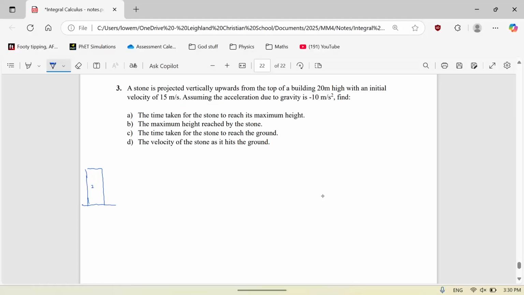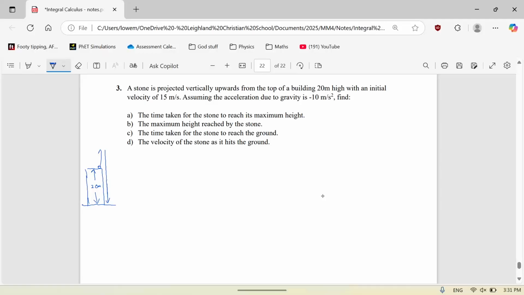It's 20 metres from the ground to the top of the building, and then a stone is projected straight up. Eventually it's going to reach a maximum and then come back all the way down to the ground. We know that because here it says find the time taken for the stone to reach the ground. So it's going up and then coming back down to hit the ground.